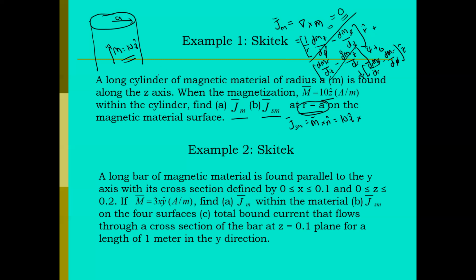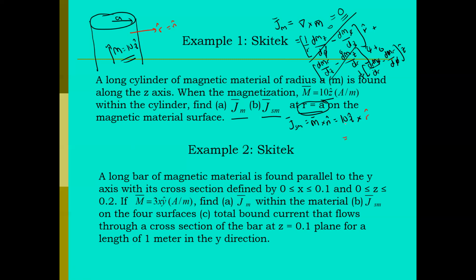So r equals a is basically on the surface of your cylinder, and for this particular case, the normal unit vector related to that particular surface of r equals a will be equal to the r direction.